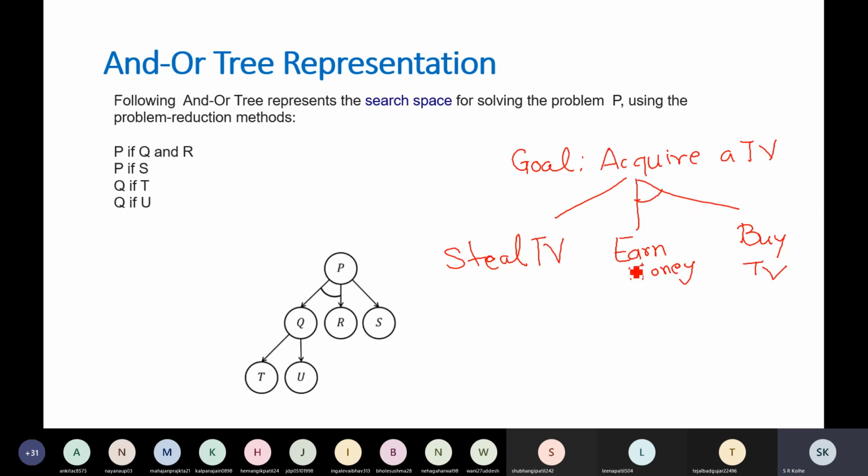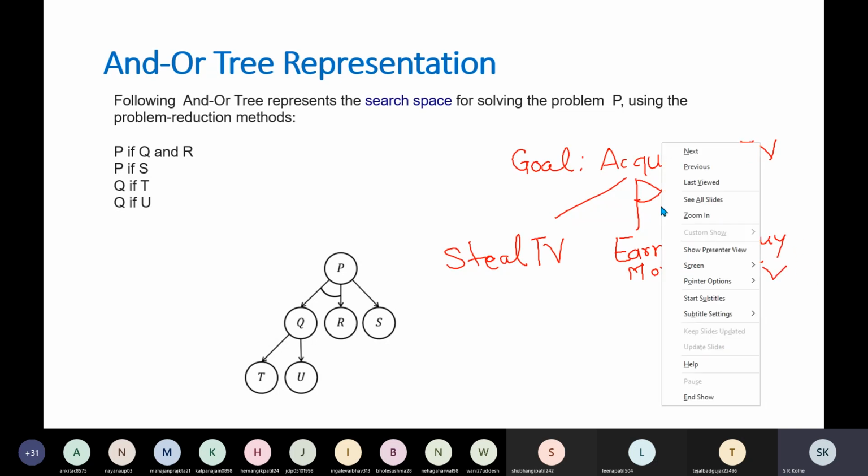If you go through the first, there are two different subtasks. One is you will have to earn money, and the second is you will have to buy a TV set. Such a representation is an AND-OR graph representation. This example is given in Rich and Knight's book.